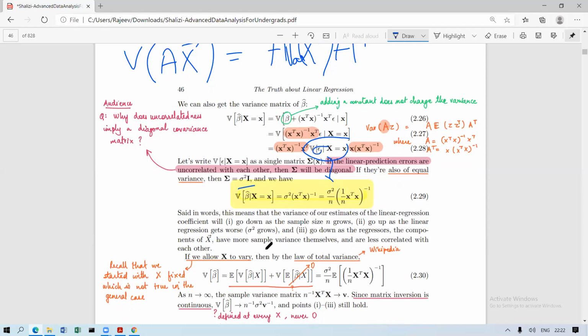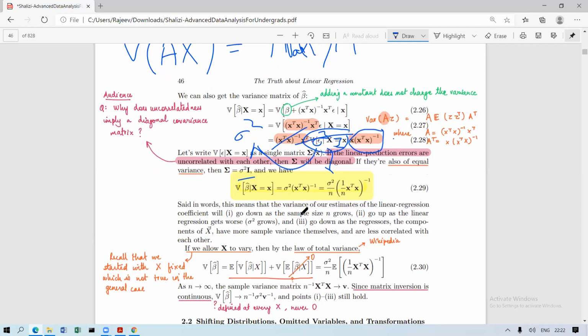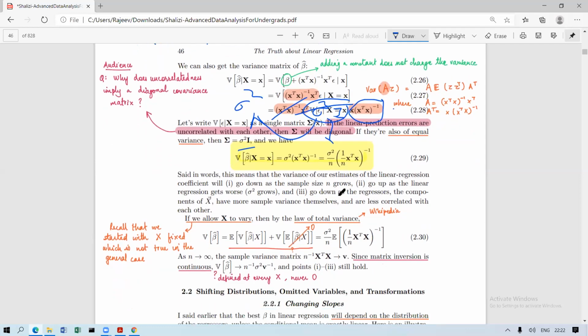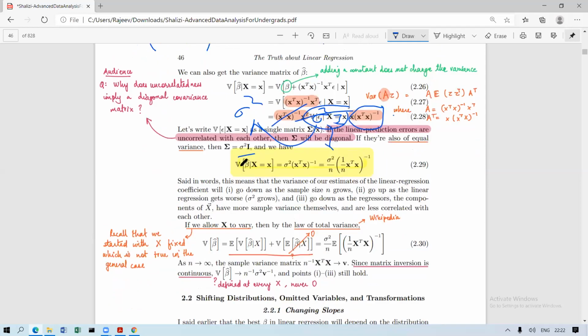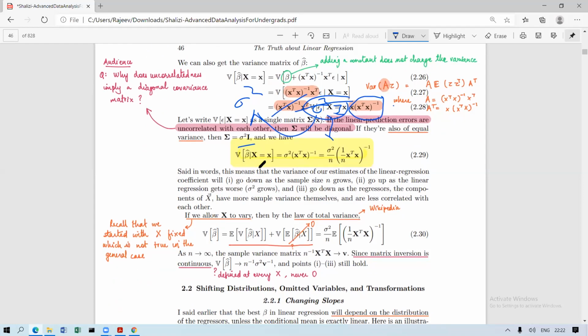If this is just sigma square I, sigma square will just come out. X transpose x will cancel with this x transpose x, and you will be left with sigma square x transpose x. So this is how your optimal slope predictor has its variance.